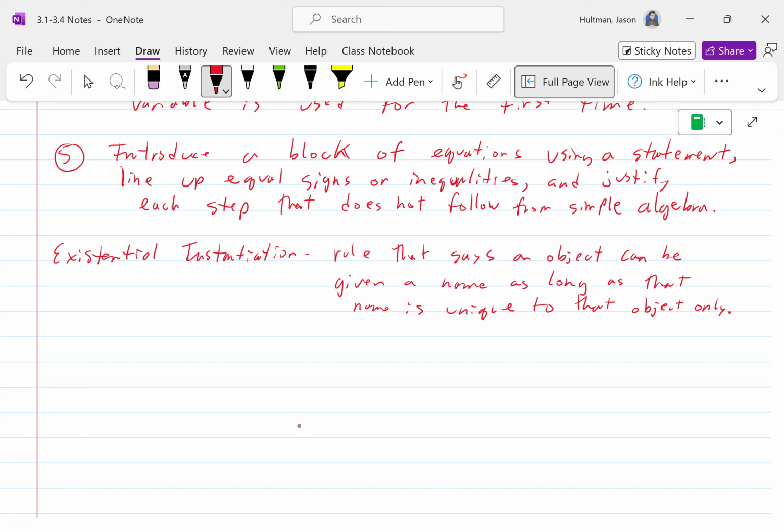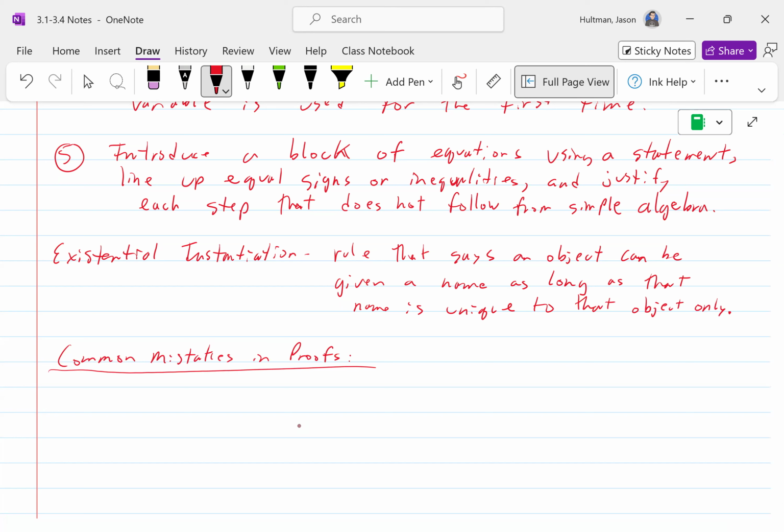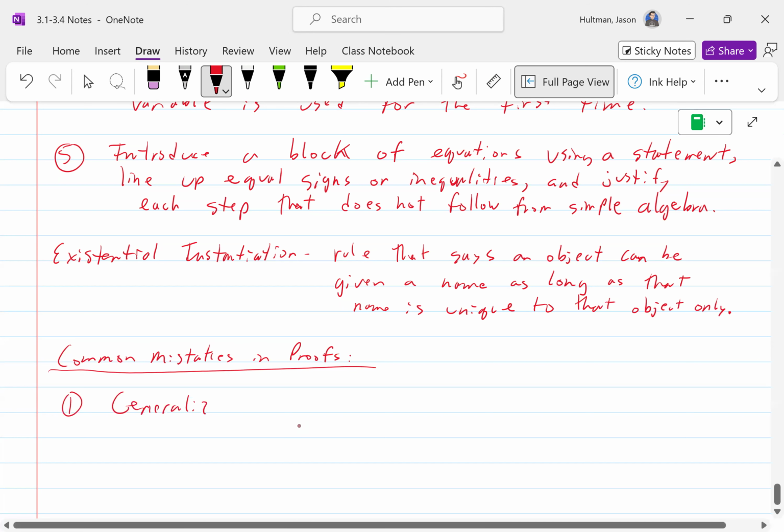Okay, common mistakes in proofs. Okay, number one, generalizing from examples.